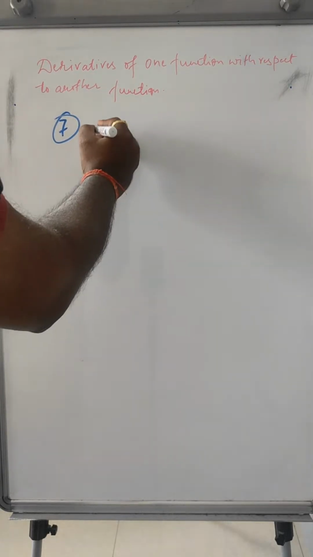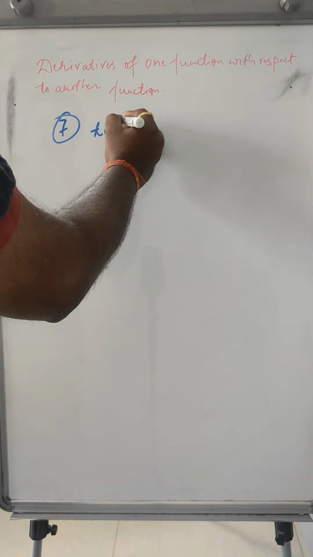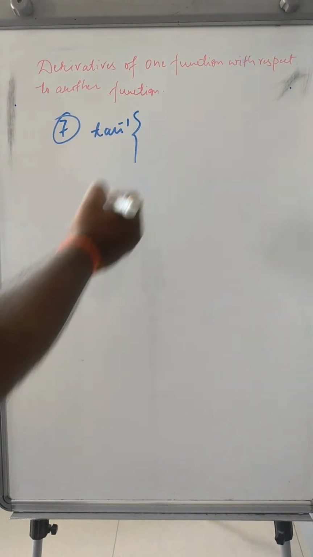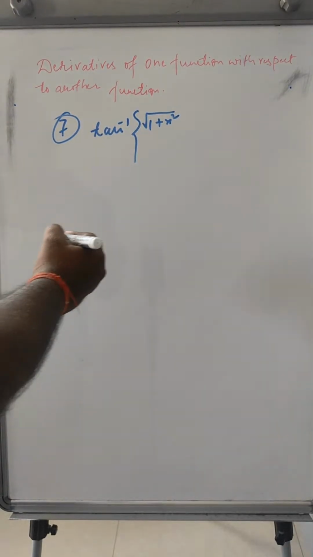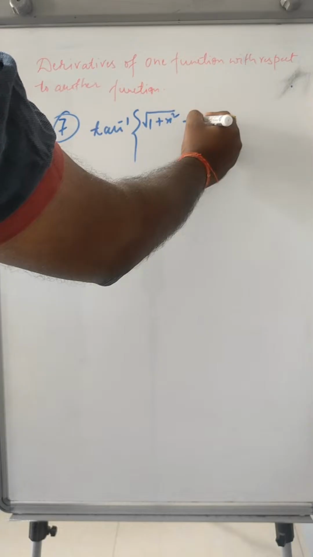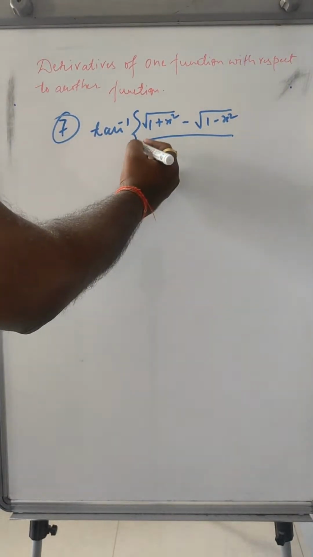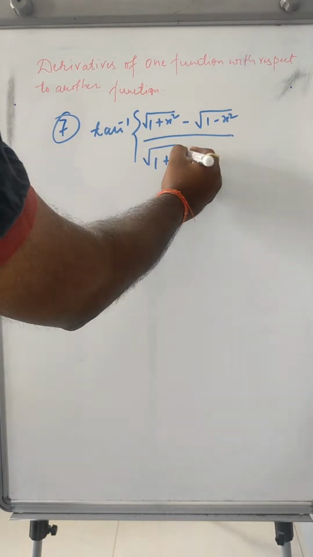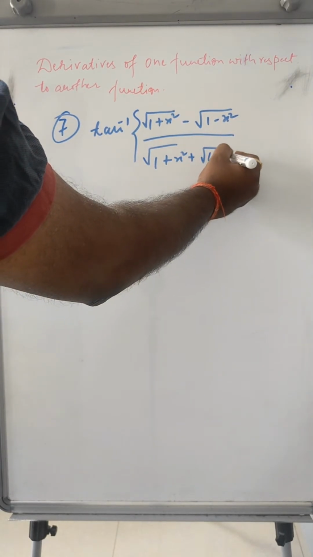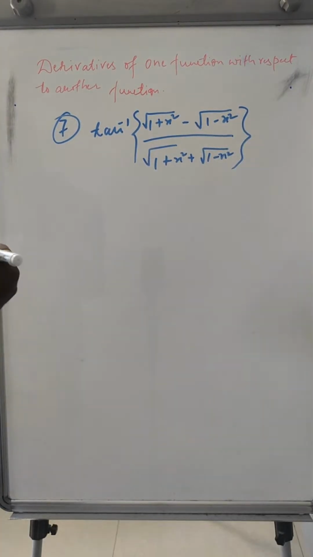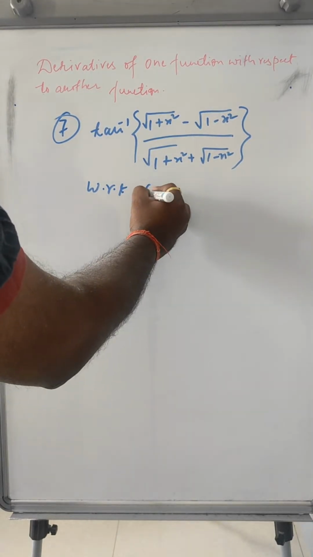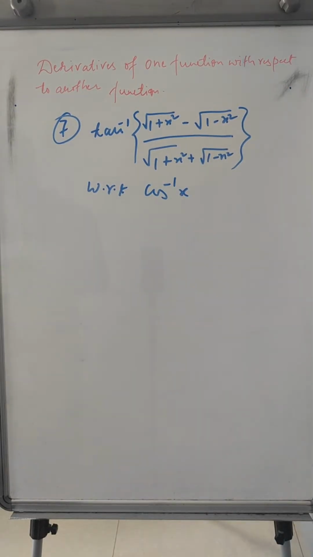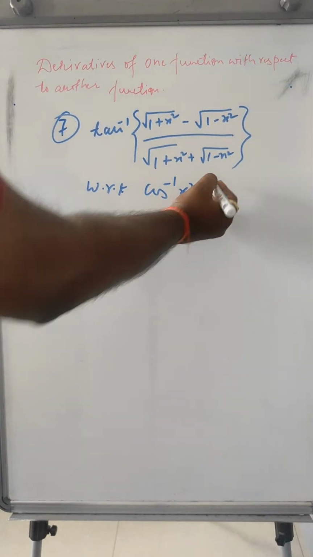Okay, now this one. This is a little tricky, and this question came in an engineering exam. Okay, so tan inverse of root(1 plus x square) minus root(1 minus x square), and similarly the same thing with plus, root(1 plus x square) plus root(1 minus x square), with respect to cos inverse x square, correct?